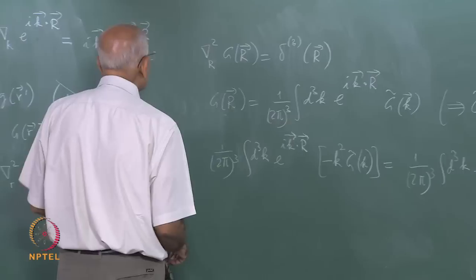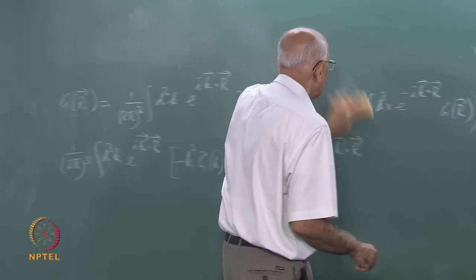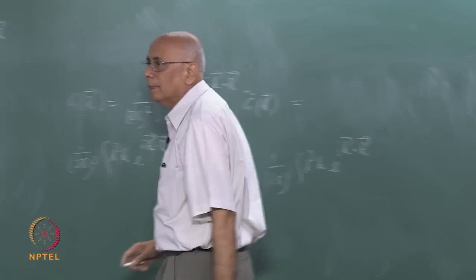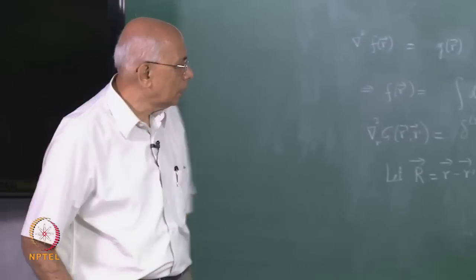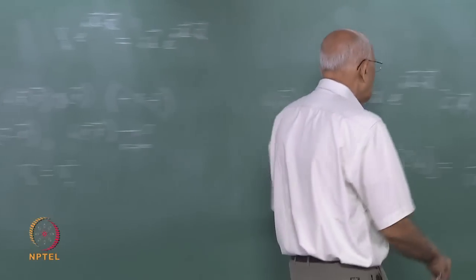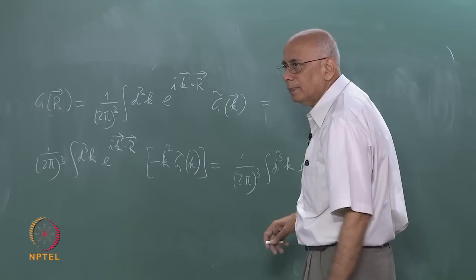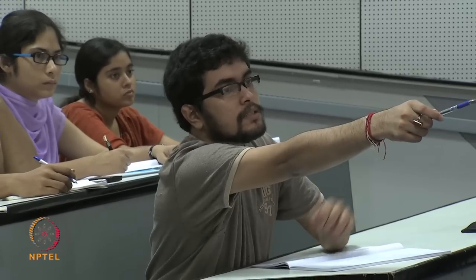So it immediately says this solution, yes. What happened to the k squared g tilde k? This quantity is equal to that. You are expressing the whole integral, and on the left hand side there is k squared g tilde.